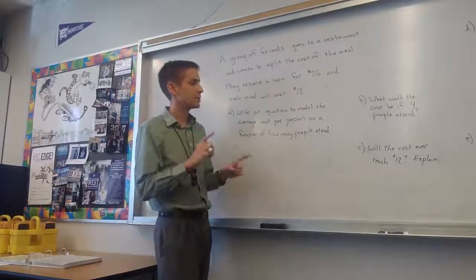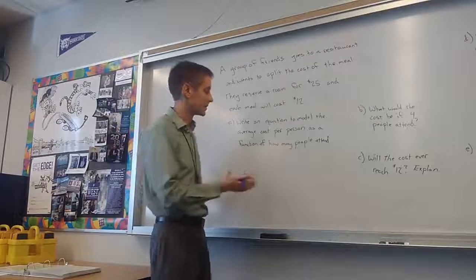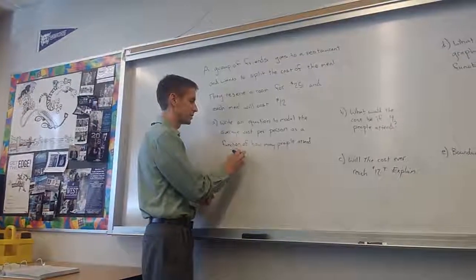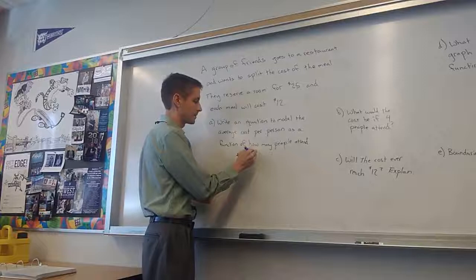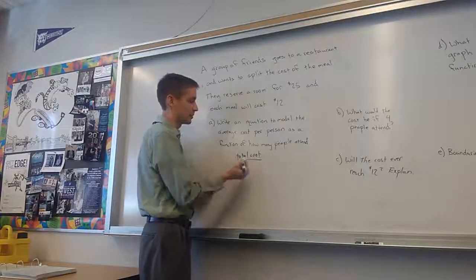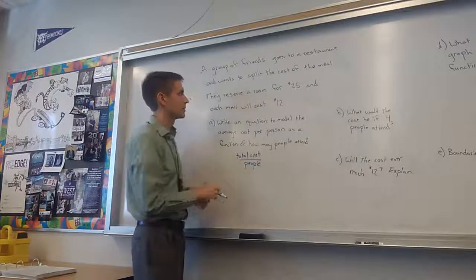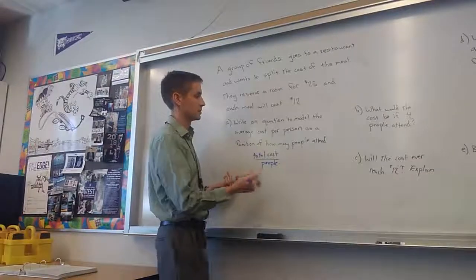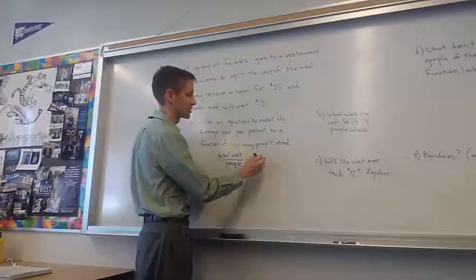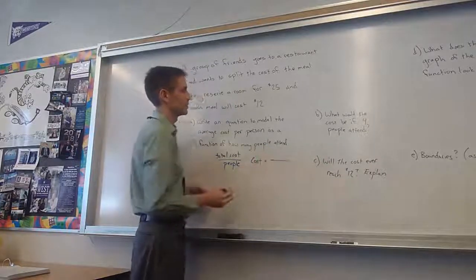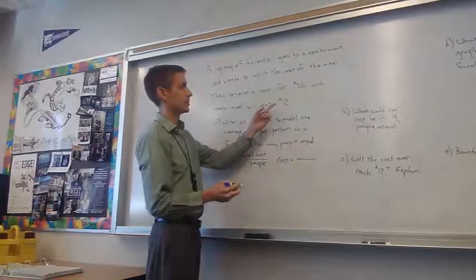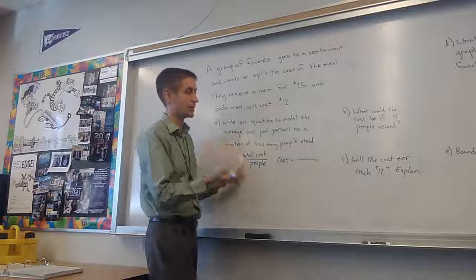And there's really two ways of thinking about how we do this. An average, we know, is the total cost divided by how many people attend. So if we look at the total cost here, we could say that the average cost is equal to, well, we know everyone is going to be paying $12, no matter what.